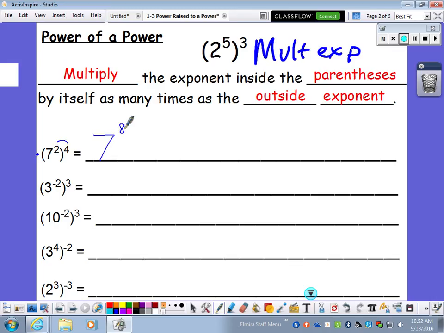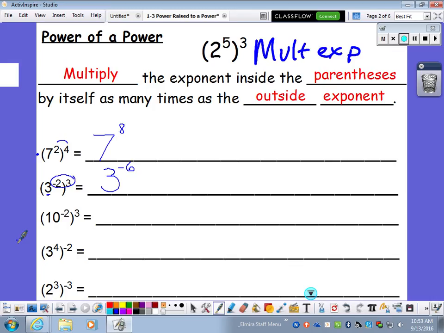Now the next few problems are going to have an extra step to them because they are going to end up with a negative exponent. So let's do the first one. We're going to have a base of 3 that we'll keep. And then negative 2 and positive 3 are the two exponents. So that makes us have an answer of 3 to the negative 6th power.